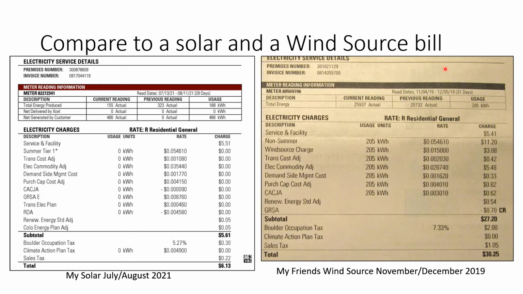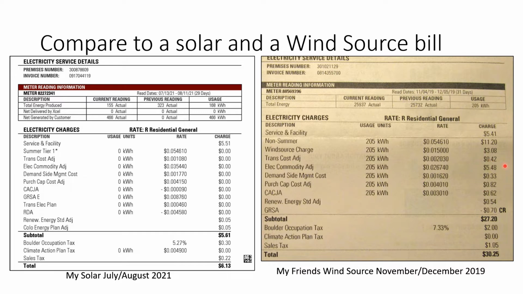Now here's a wind source bill from a friend of mine, but it's actually from 2019. Note he uses about 200 kilowatt hours a month. So here's his connect charge. Here's his electric charge, but notice he has a wind source charge of about $3 because it's about $1.50 per 100 kilowatt hour blocks. So you can see he pays about $3.